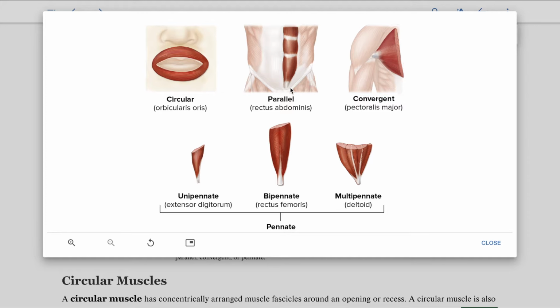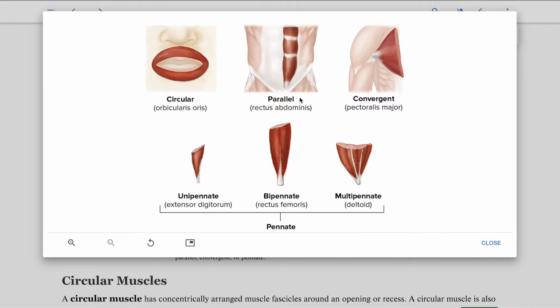And so here, within the rectus abdominis, we have a parallel fiber arrangement, meaning that those fascicles are parallel to one another. So at the bottom of your lab manual, when you're filling in those two circles there, you would want to make sure that your parallel fibers run along the length of that muscle.